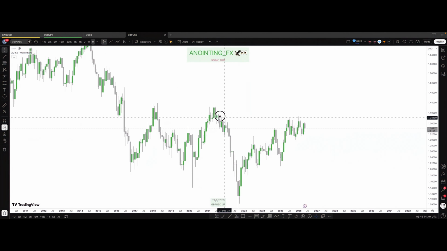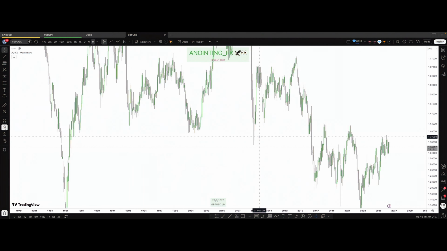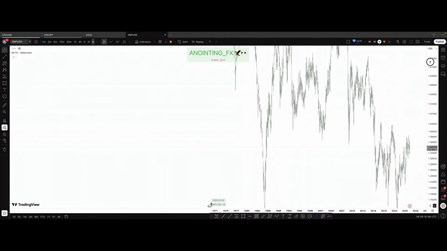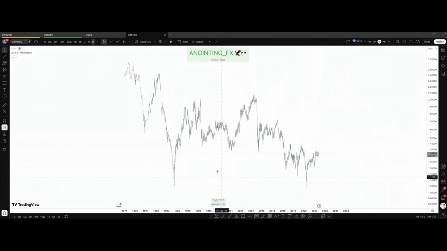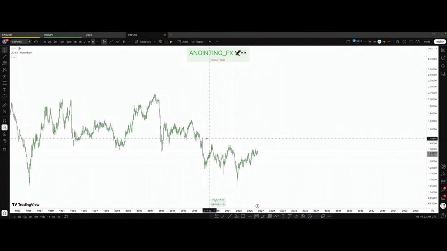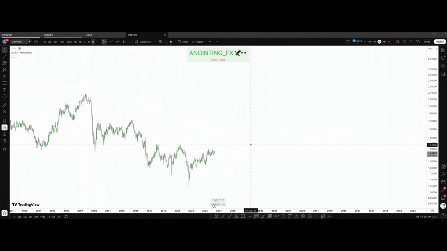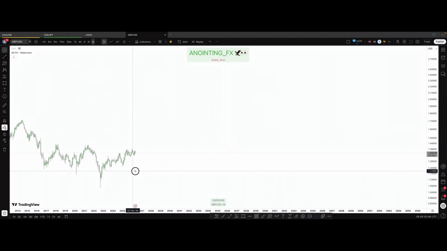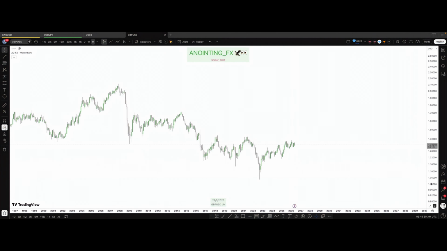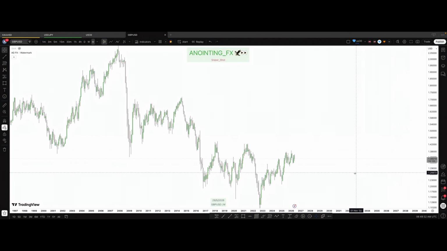Now when you look at GBP USD, there is the overall chart, but you don't need all this data behind if price is not within the range. So what you have to consider first is the range at which price is trading within.